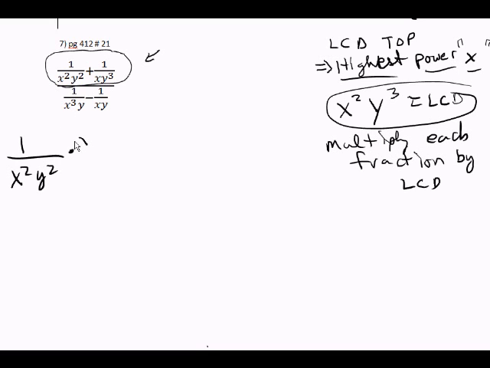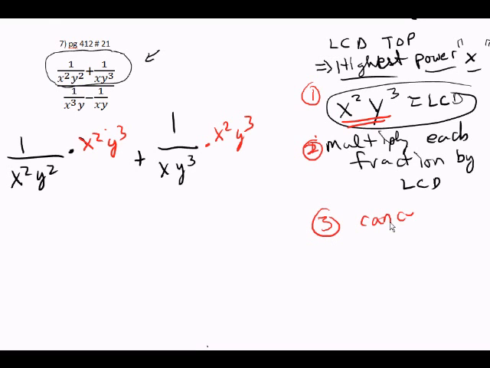I'm just going to do the top here: 1 over x squared y squared times my LCD, which is x squared y cubed. And then I'm going to add the other side, 1 over x y cubed, multiplied by the common denominator, x squared y cubed. So multiply each fraction by the x squared y cubed.